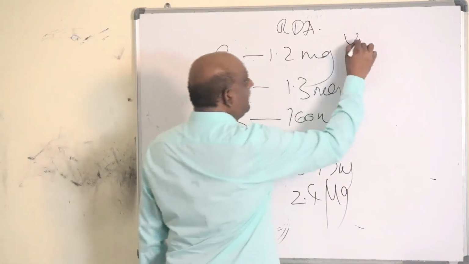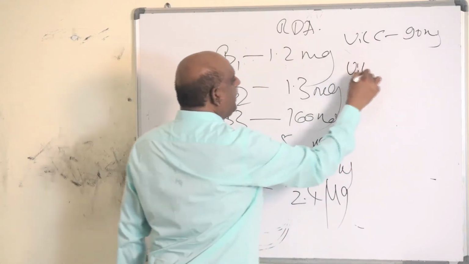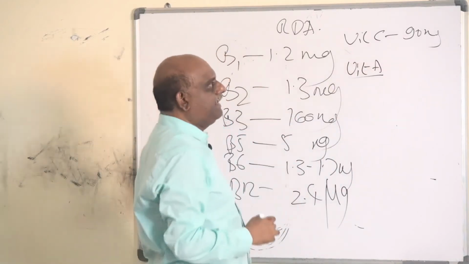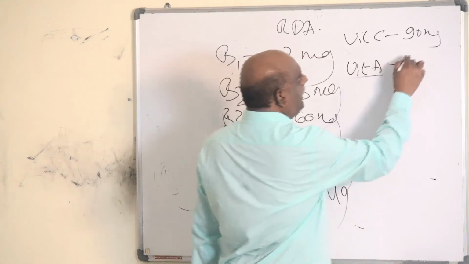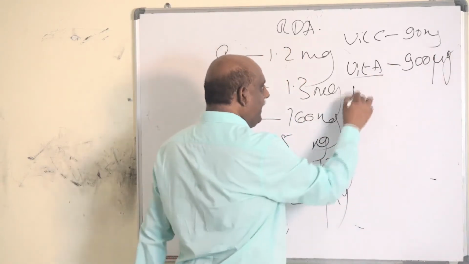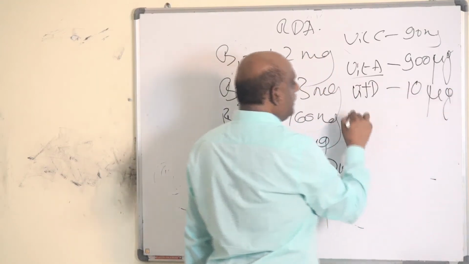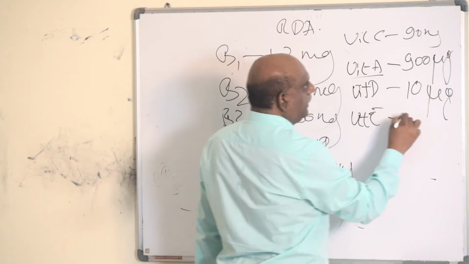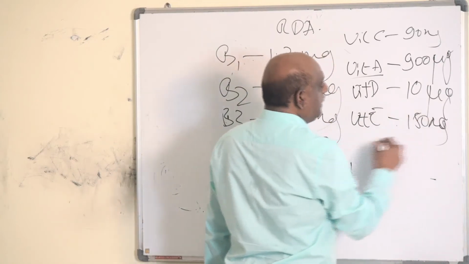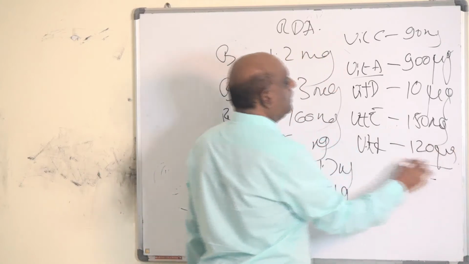Vitamin C is 90 milligrams. Vitamin A, very important, a lot of times this question has been asked, is 900 micrograms required daily allowance. Vitamin D, you require 10 micrograms. Vitamin E is 15 milligrams. Vitamin K is 120 micrograms.